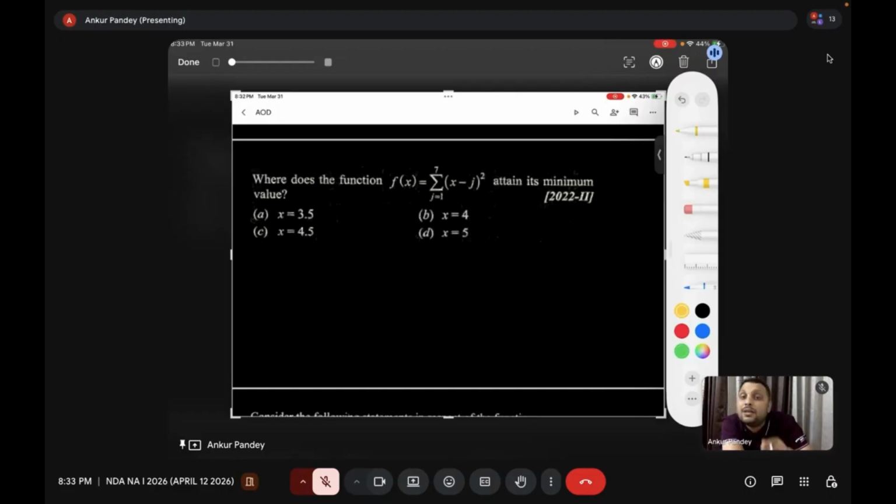So, what is the meaning of this line? The meaning of this line is x minus 1 square plus x minus 2 square plus x minus 3 square, and so on. Yes or no? This is the meaning. Clear?